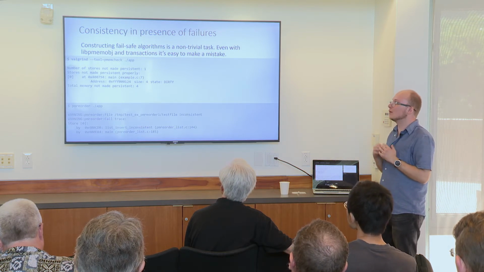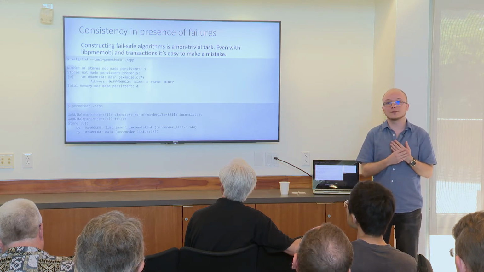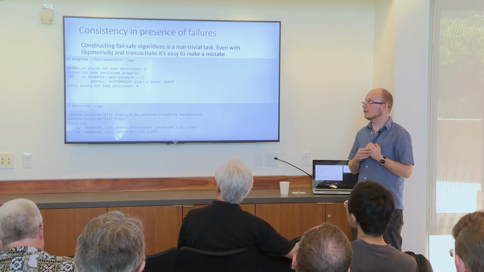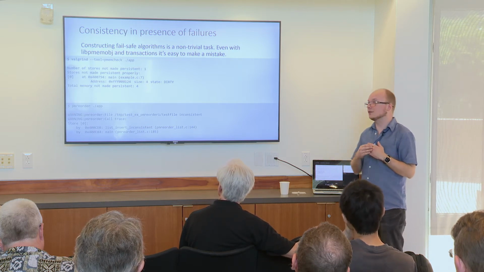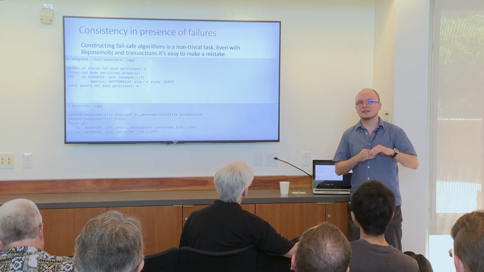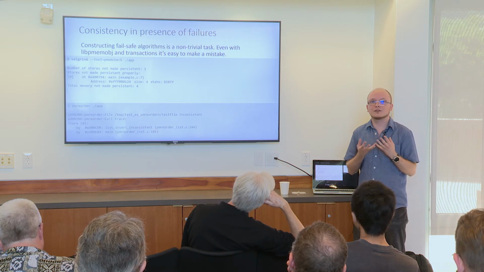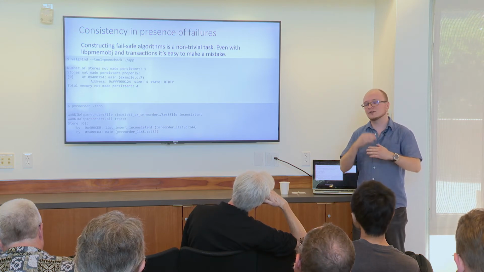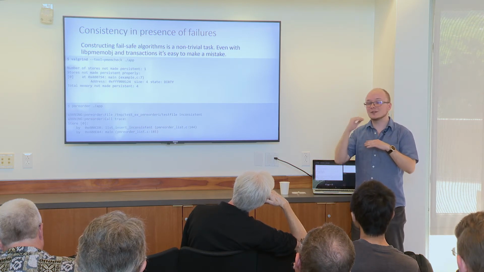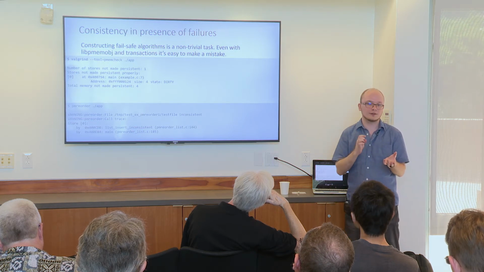So another problem that we encounter is maintaining consistency in the presence of failures. Ever since we started working on the PMDK, we realized that it's not going to be easy designing an algorithm that is going to be fail-safe, and always consistent no matter where we interrupt it and no matter how the CPU reorders the buffers.